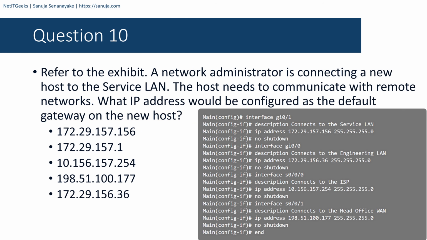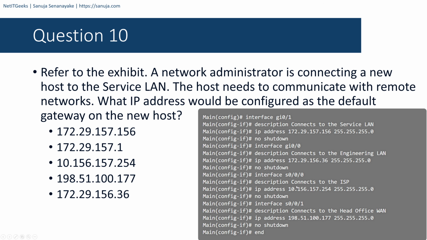Question number 10. So we're going to look at an exhibit from a Cisco CLI. It's shown here in the right hand side bottom corner, not left, sorry, right hand side bottom corner. So the question is, a network administrator is connecting a new host to the service LAN.